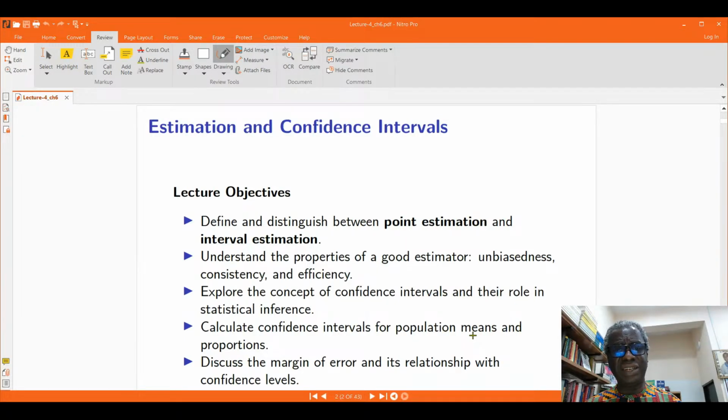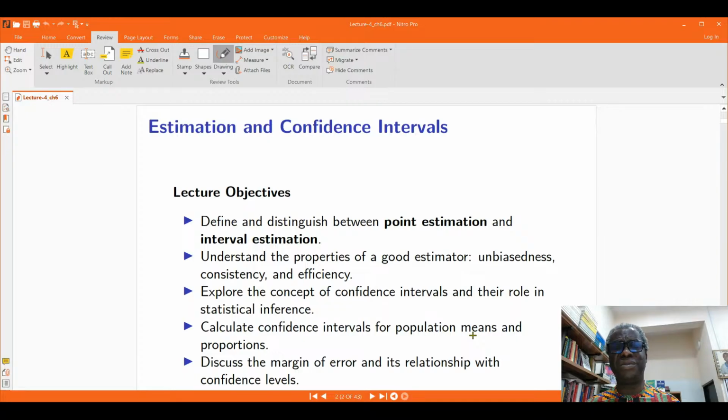You will learn how you calculate confidence intervals for means and proportions. Those are two major statistics that we've been focusing on in this course, means and proportions. So how can you calculate confidence intervals for mean?